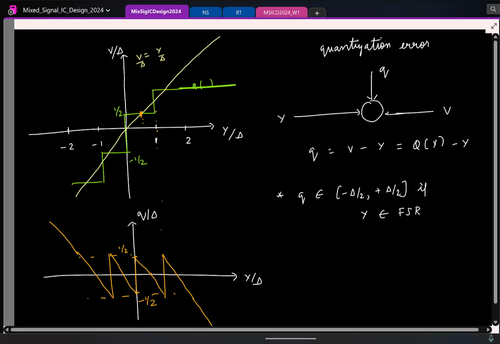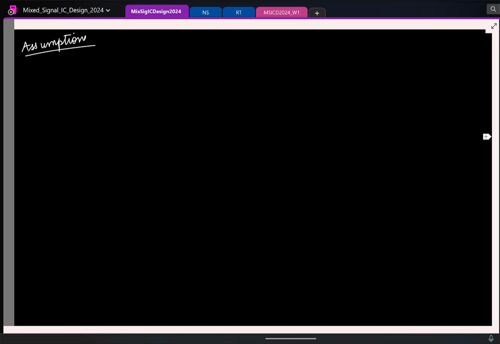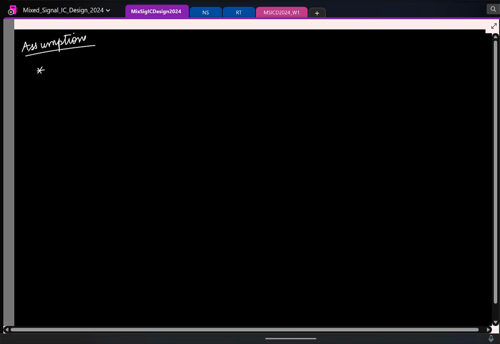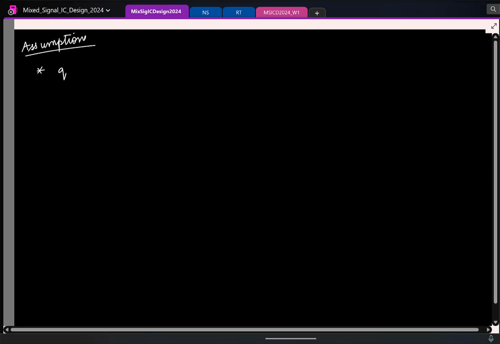Now, of course, you are in the process of making assumptions. Assumptions should make your life simpler. So if I give you a free pass to make any assumption on the quantization noise, what can you assume? We'll assume that it's an independent signal. Okay. So we'll assume that Q is independent of the input.